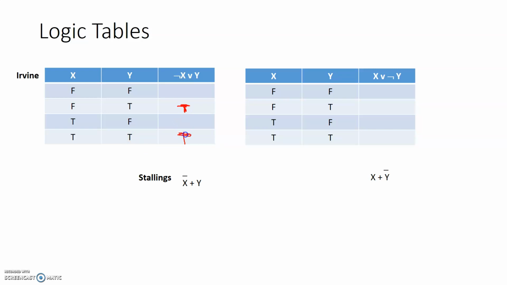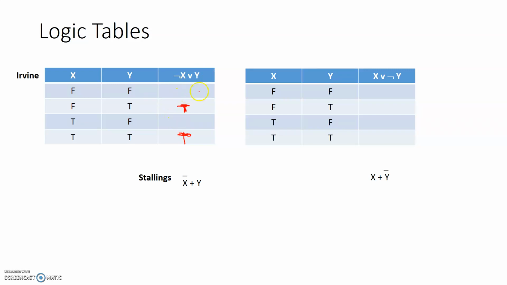That's actually, in a sense, what Java does in terms of short circuiting. If it evaluates part of the expression, and in this case using an or, if part of it is true, it doesn't need to evaluate the other. Later, when we get to chapter 6 in Irvine and we're coding, we actually will code where we have to do one evaluation first, and if that evaluates true, we can move on.